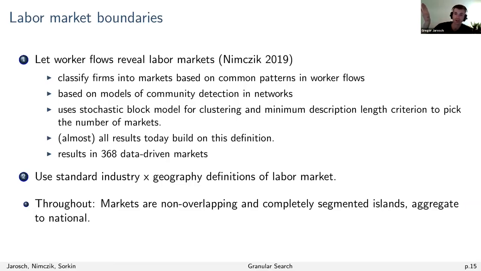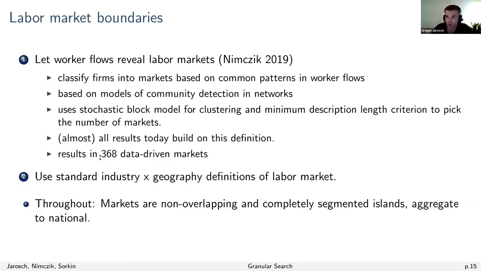And so here we follow what Jan did, a method that Jan developed in his job market paper, really his contribution, that uses worker flows revealing which firms are clustered together in a labor market. So loosely speaking, if I see a lot of people move from firm A to B and no people move from firm A to C, then we're grouping A together with B rather than C. That's just loosely speaking what it does.